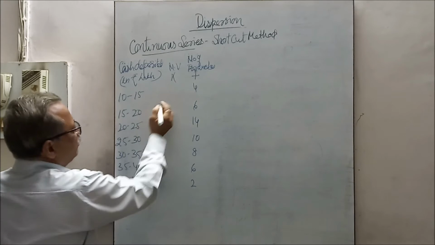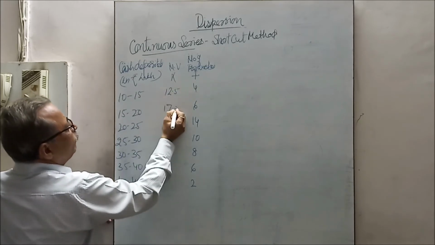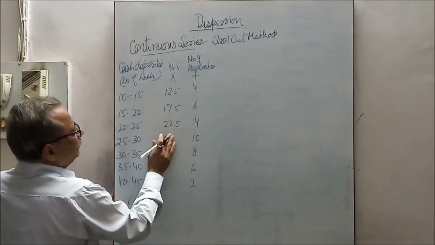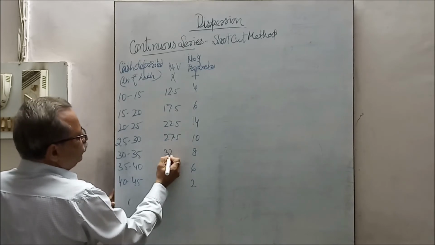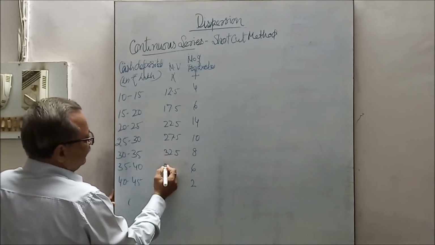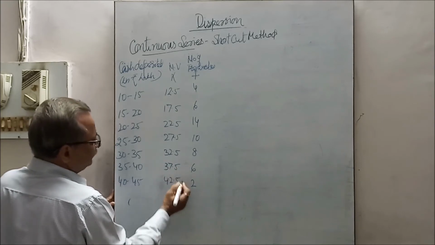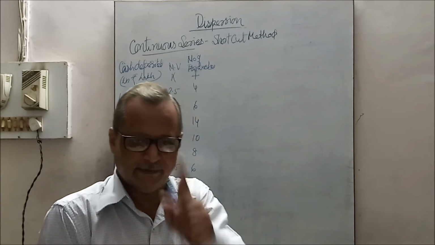Mid value of this one: 12.5, 17.5, 22.5, 27.5, 32.5, 37.5, and 42.5. Now we'll use the shortcut method with step deviation.